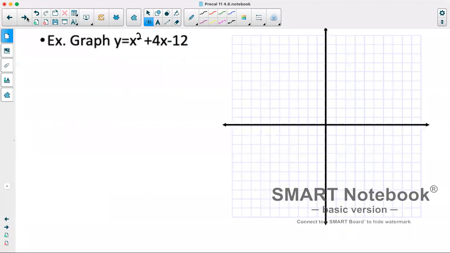Okay, next example, graph y equals x squared plus 4x minus 12. Once again, we'll start by factoring this. We want two numbers that multiply to -12 and add to 4. That would be +6 and -2, which gives us x-intercepts at -6 and +2.